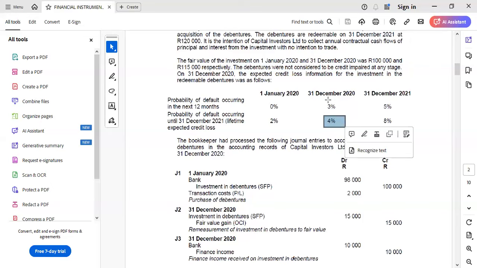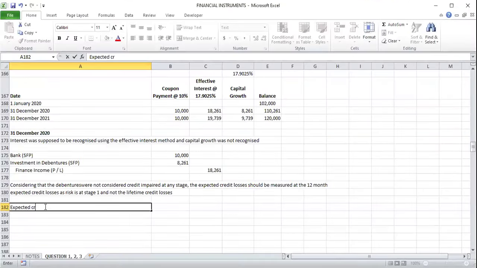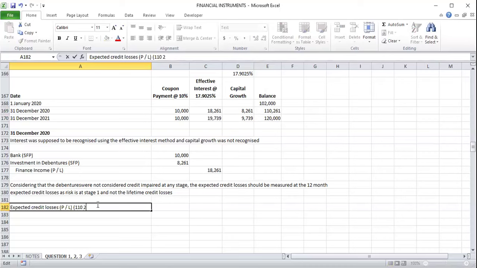And this percentage, you apply it on your balance on that date, 31 December 2020. So we'd say we debit our expected credit losses, which is an expense, which is P&L. That will be our balance on 31 December 2021, which is 110,261, multiplied by 3%, the expected credit losses. What do we get?